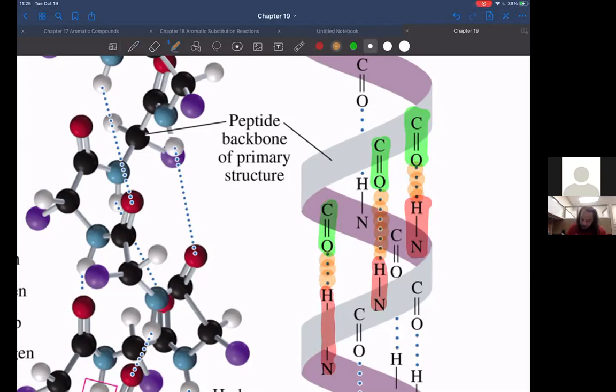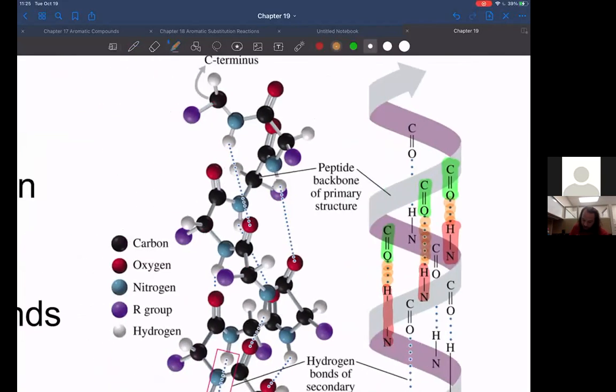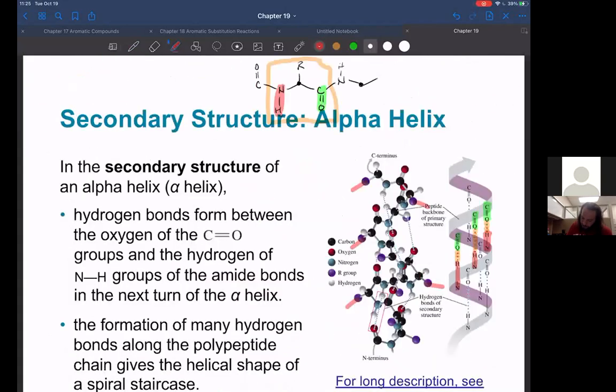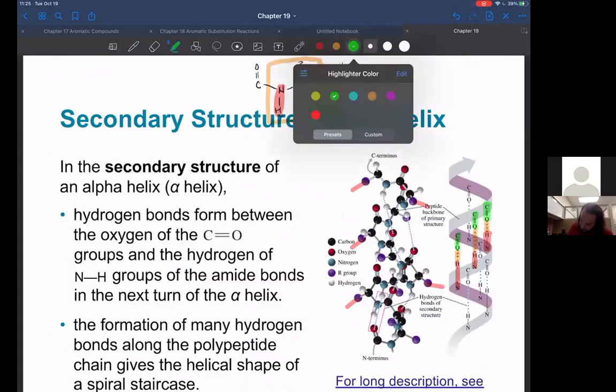And then the R groups would be sticking off to the side. So here the R groups are in purple. And again, the identity of the R group isn't really important, but they're going to be pointed out away from the helix going down. All right, so the backbone, if I'm looking at my alpha helix, what do I mean by backbone? Let me just clarify.